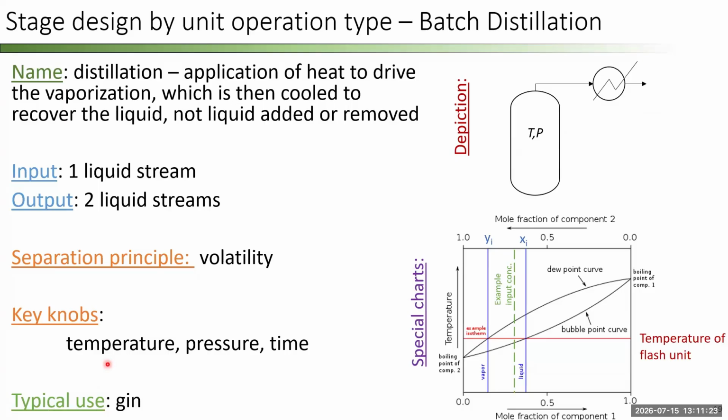This has temperature and pressure as key knobs that we can control, as well as how long we do our distillation. Typical uses are things like gin or essential oil extractions. Why time is really important in batch distillation is, if I think about my operating envelope on our phase diagram, over time that point which I put in there initially is going to become more and more concentrated.